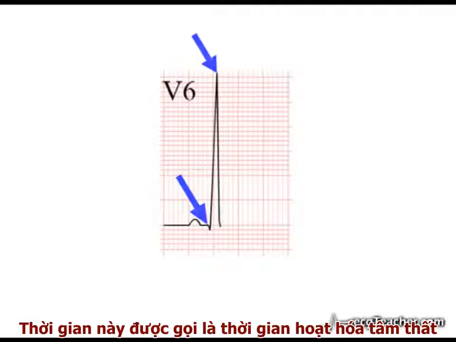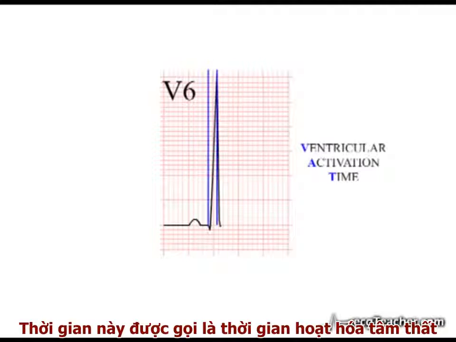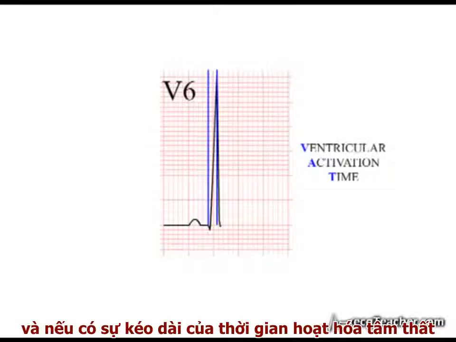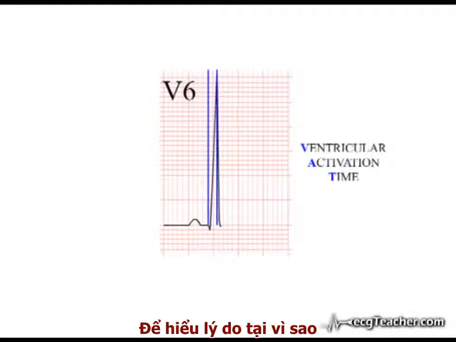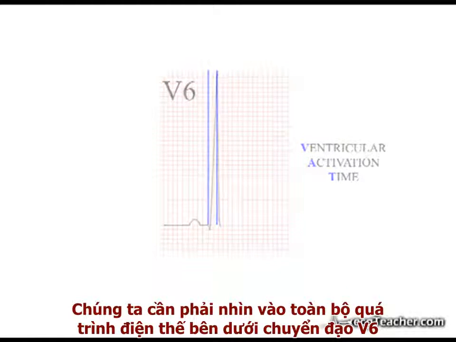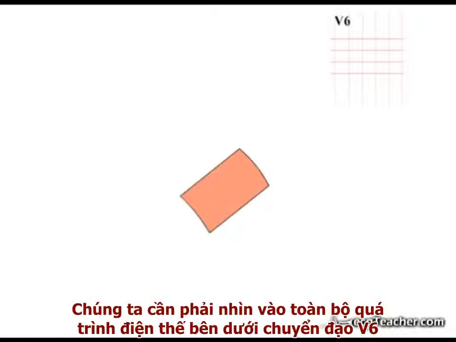This period is known as the ventricular activation time, and prolongation of the ventricular activation time impacts on repolarization. To understand how, we need to look at the complete sequence of electrical events under V6.